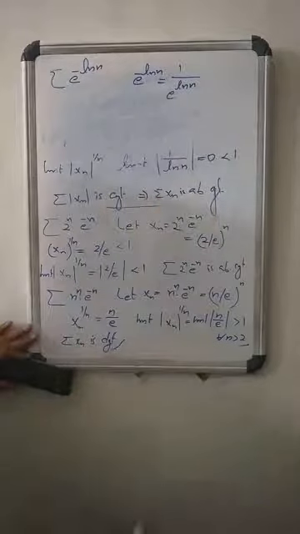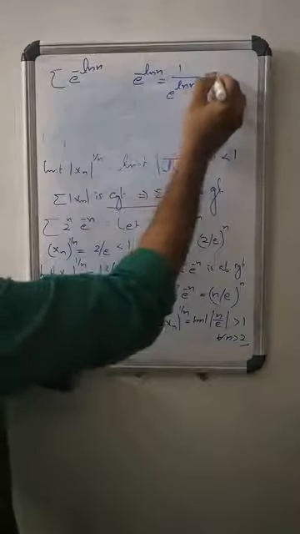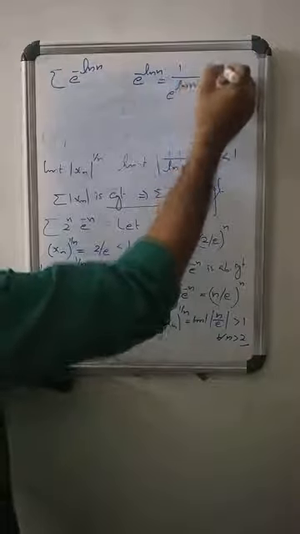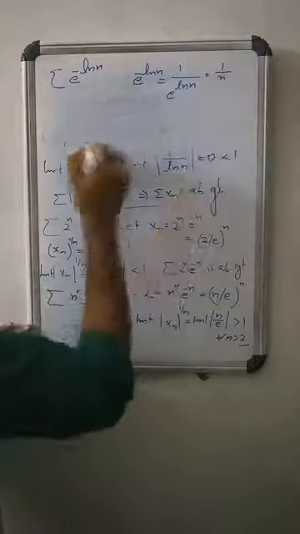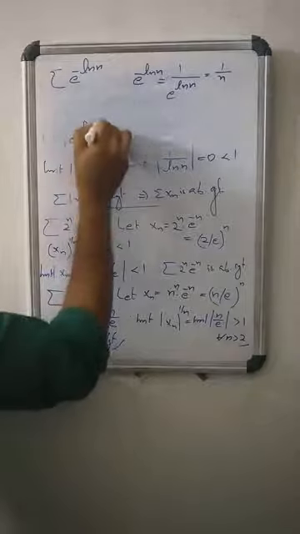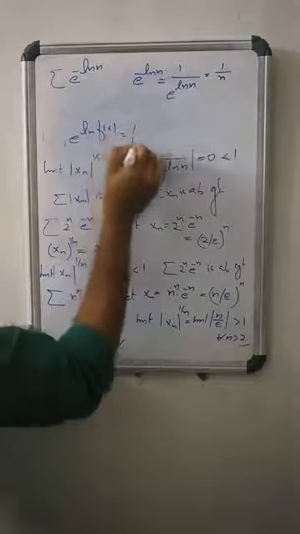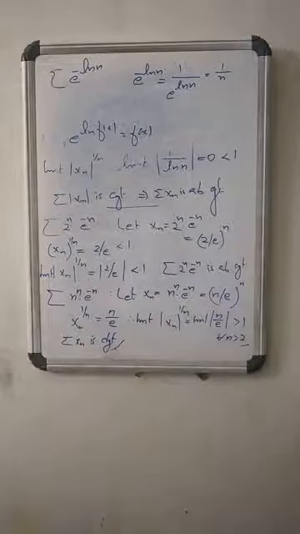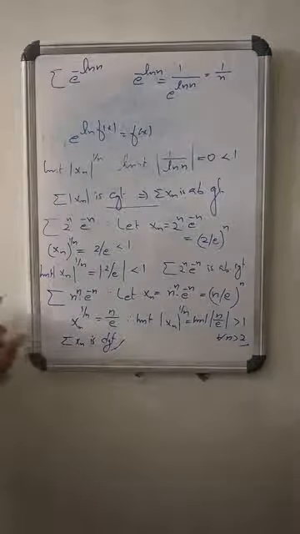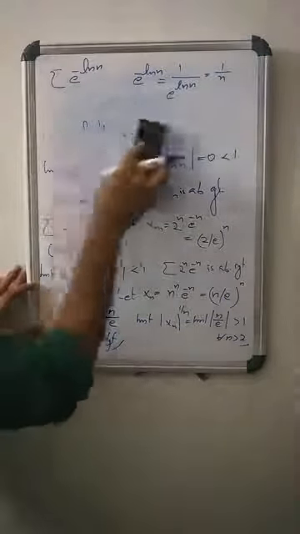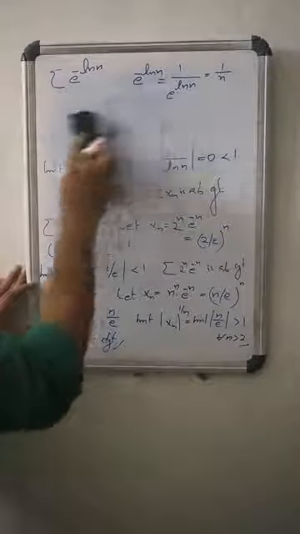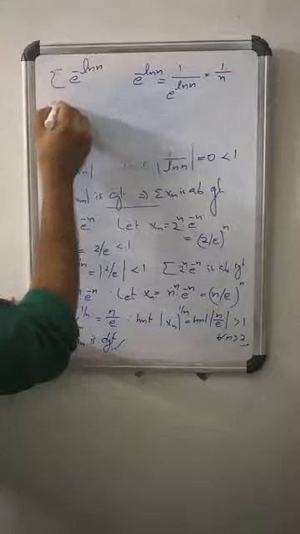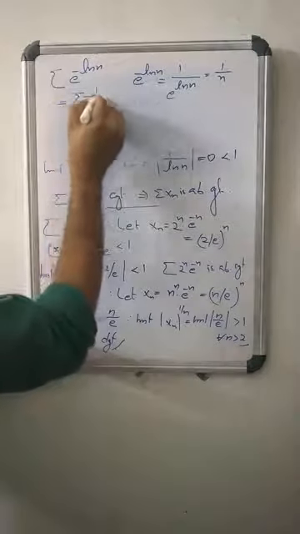What is e power of f of x? E power log f of x is f of x itself. So e power log n equals n. Therefore, e power minus log n equals 1 by n. That means sigma e power minus log n equals sigma 1 by n.